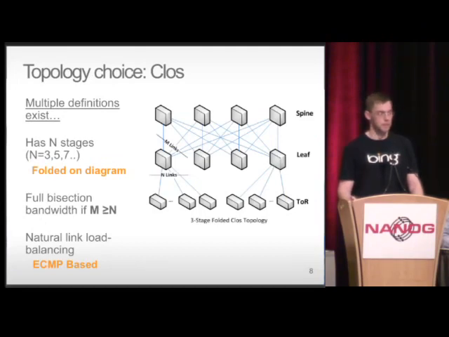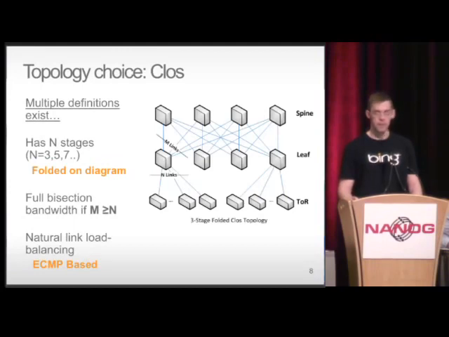The Clos may have multiple stages. Normally it has 3 stages, but you can grow the topology and have 5, 7, and more stages. The only problem is that as you grow the Clos topology, you also increase the complexity of the link structure.